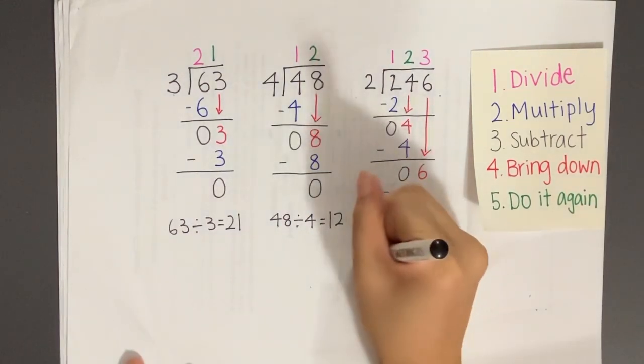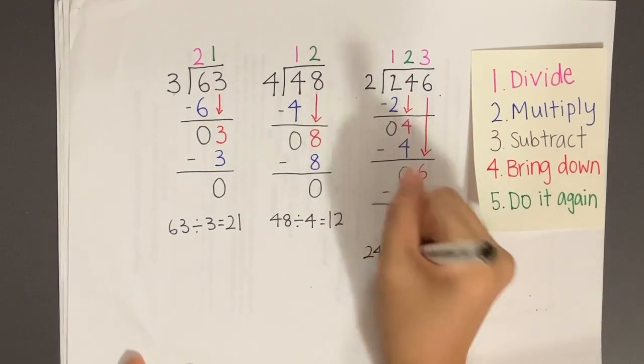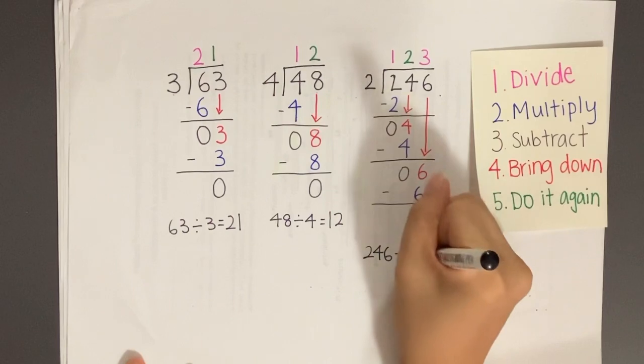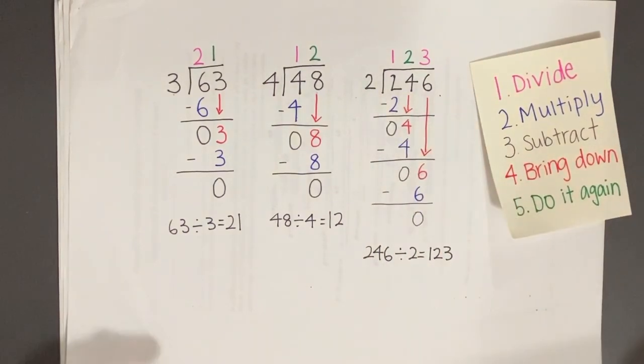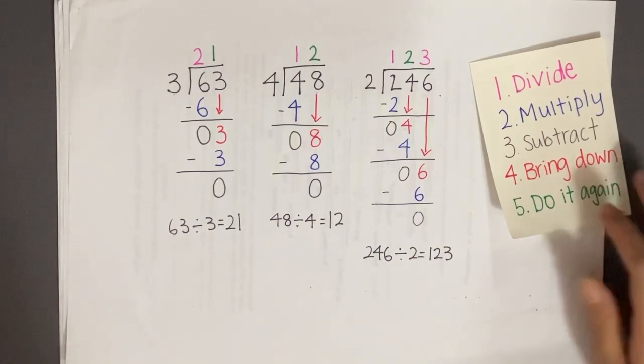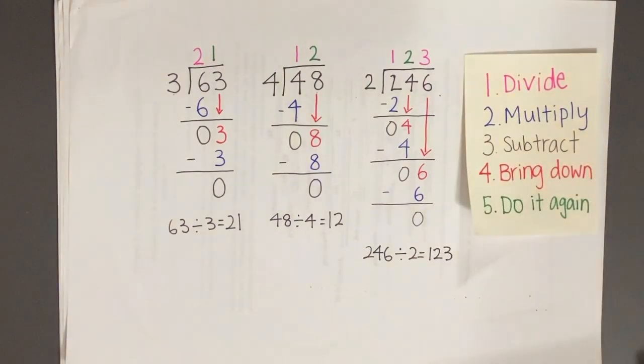So 246 divided by 2 is 123. Okay, if you need more practice, you can always go back and try the questions again by yourself. And then you can check the answers again to make sure that you got the correct working.